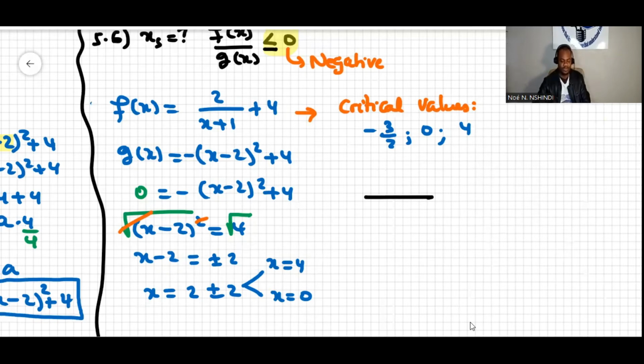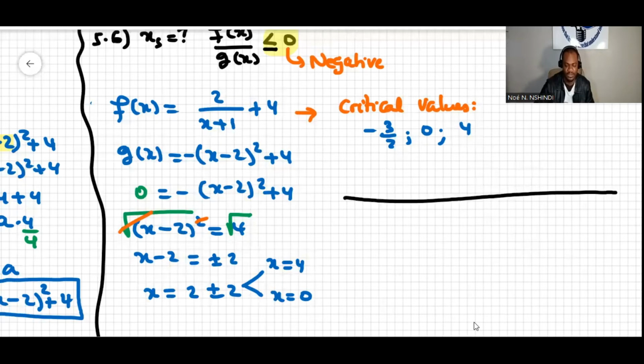I'm just going to make a number line, or even a table, and I must take into account the intervals. So it's going to be something like this, for instance. If I take -3/2, 0, and then 4, those are the critical values.